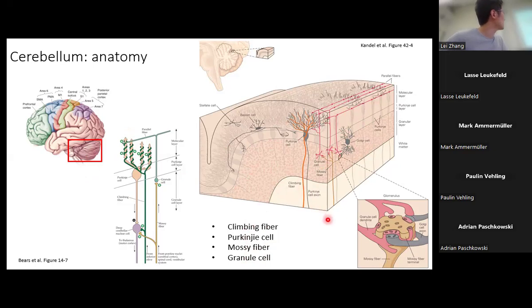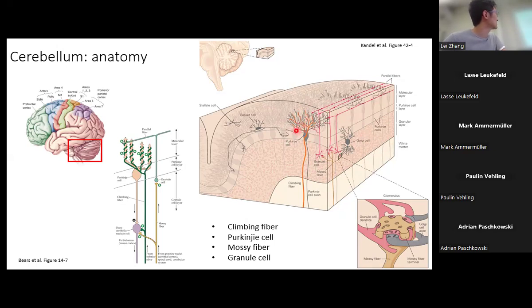It's mainly about different cell types. So let's start from the mossy fiber. This mossy fiber carries sensory information from the periphery to the cerebellum. It connects with this granule cell and forms these parallel fibers. So the signal goes from here and comes to the cortex and then connects with this Purkinje cell. The Purkinje cell is a very large cell and easy to identify in the cerebellar cortex.